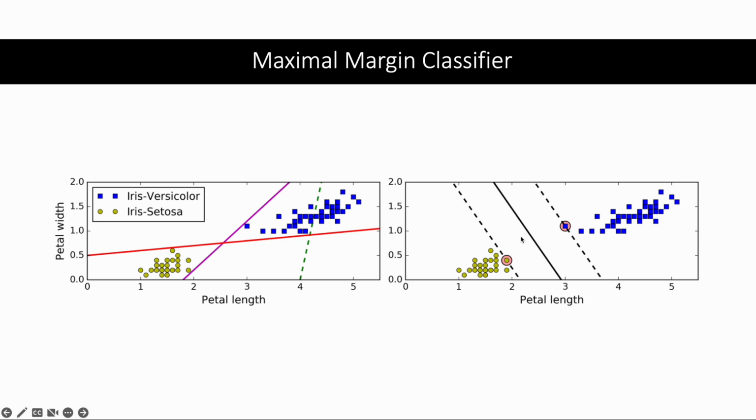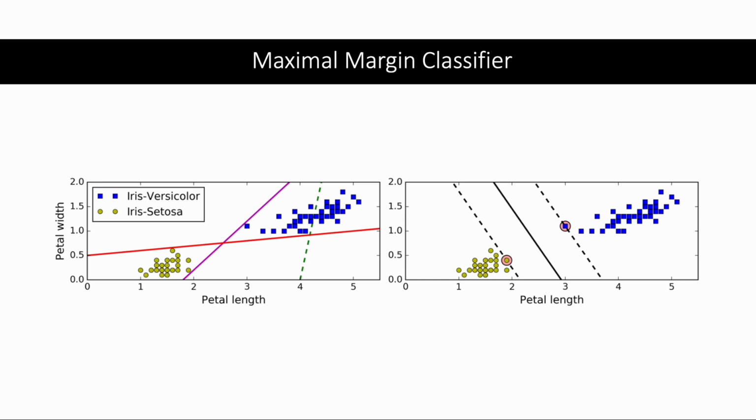Why is it so? Pictorially, this black line is better because it is far away from any of the nearest observations, both on the setosa and on the versicolor side. That's why it appears that this black line is doing a very good job of being a decision boundary and separating our 2 classes.